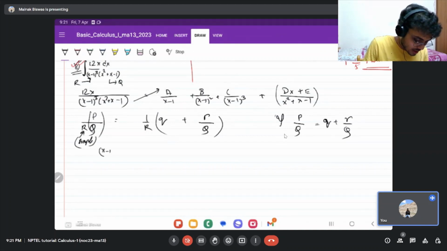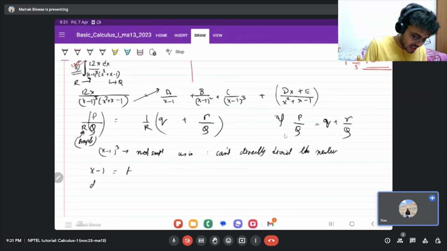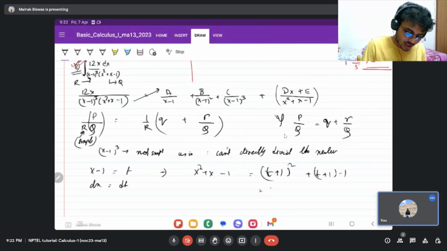but (x minus 1) cube is not simple, as in you can't directly divide the numerator. So we will substitute x minus 1 as t, so dx is dt. And x square plus x minus 1 is (t plus 1) squared plus (t plus 1) minus 1, which is t square plus 3t plus 1, right?